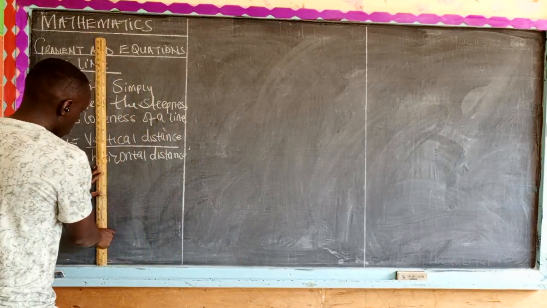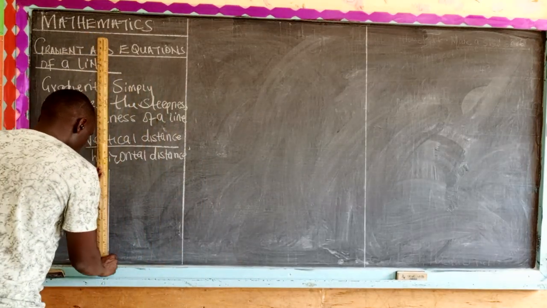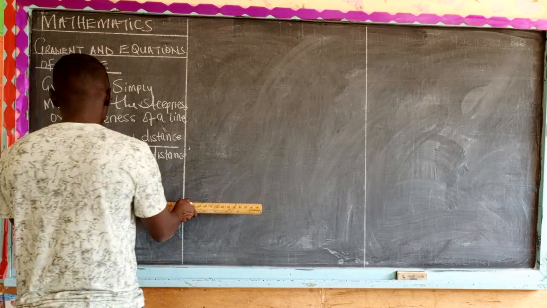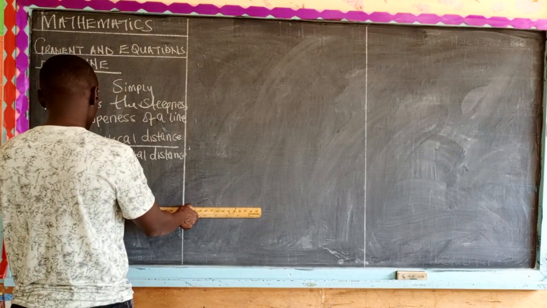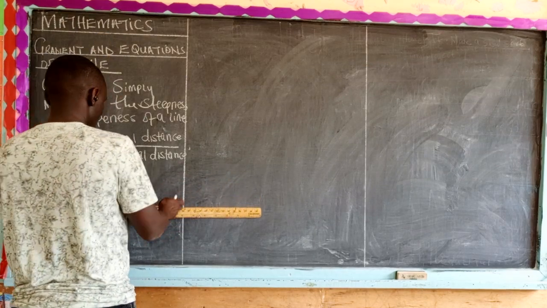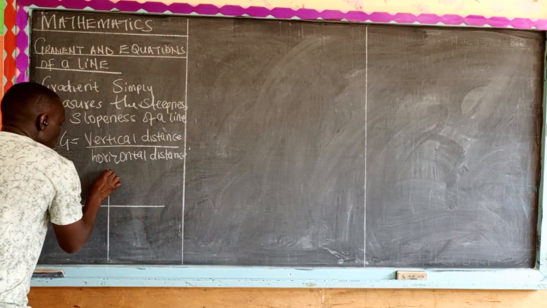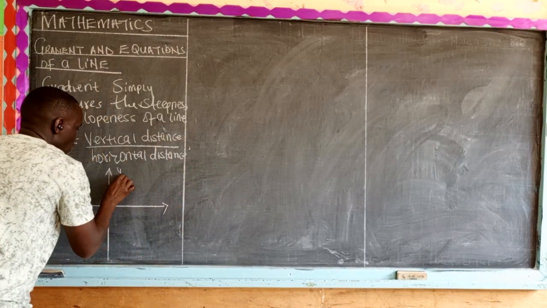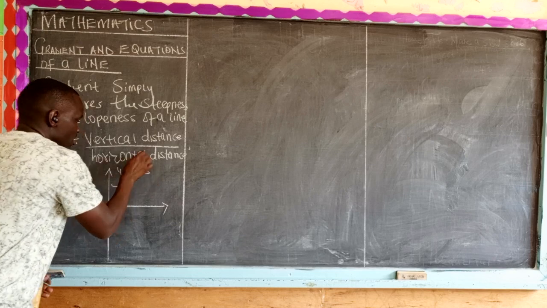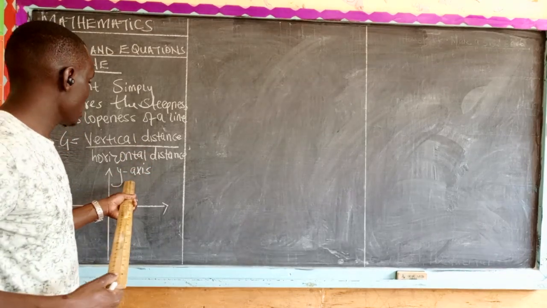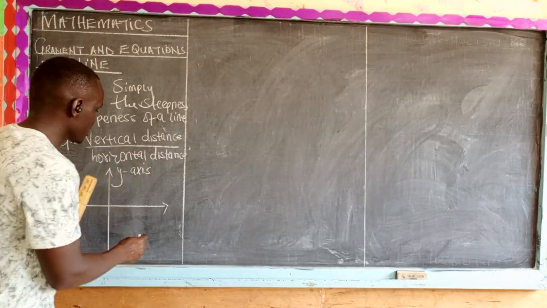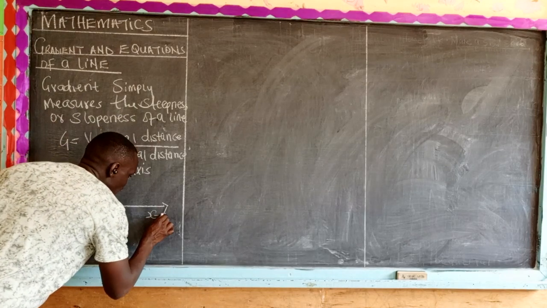For example, we have a Cartesian plane. Here we have the y-axis. You all know that this is the y-axis, and this is the x-axis.